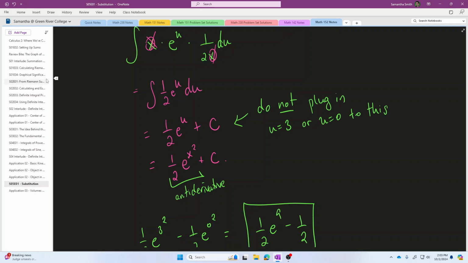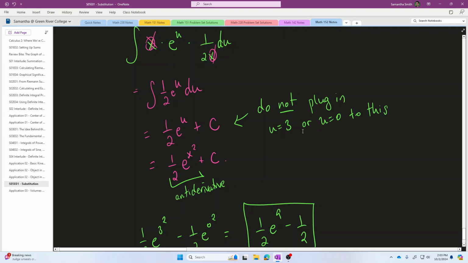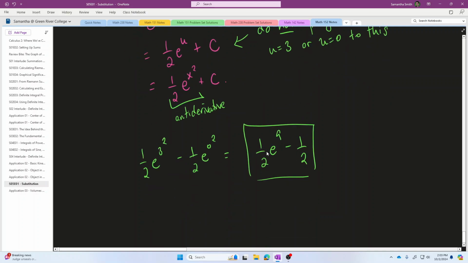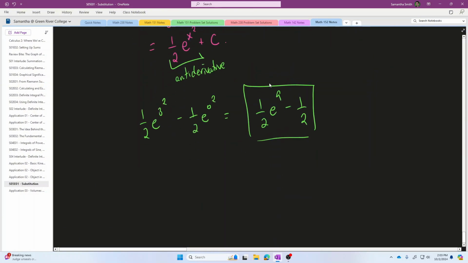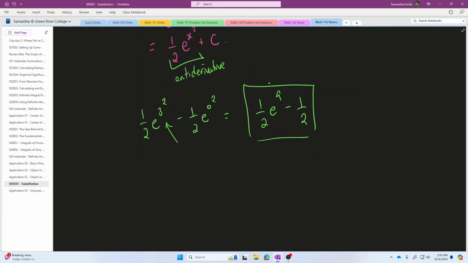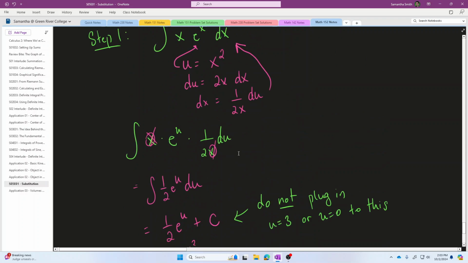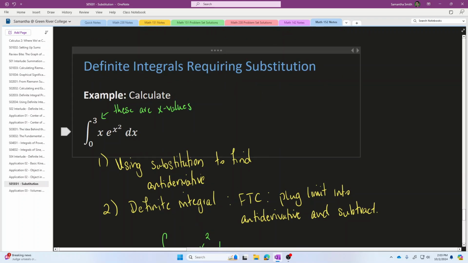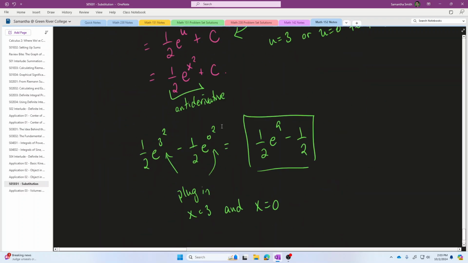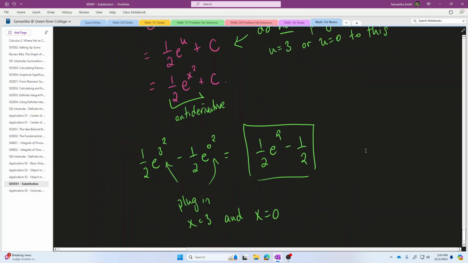Because 3 and 0 are not values of u. Instead, 3 and 0 are values of x, and they are values that need to be taking the place of x. Plug in x equals 3 and x equals 0. So that's the only added thing to keep in mind doing definite integrals with substitution, just make sure that you're plugging in these x limits in x's place in your antiderivative.